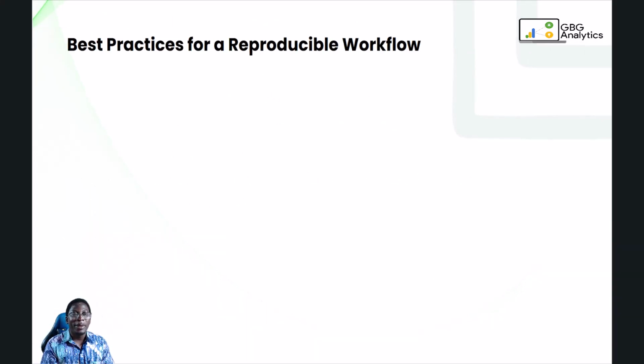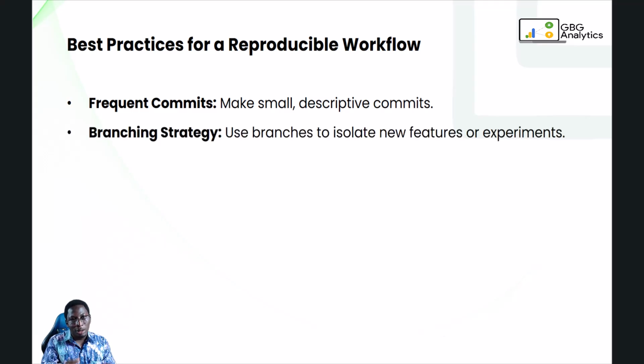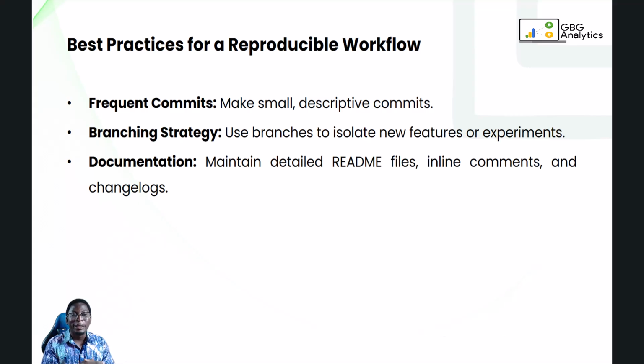Now let's see best practices for a reproducible workflow. Number one, frequent commits. And you can do that by making small and descriptive commits. Two, you must understand the branch strategy. You always use your branch to isolate new features or experimental features. Documentation is very important.